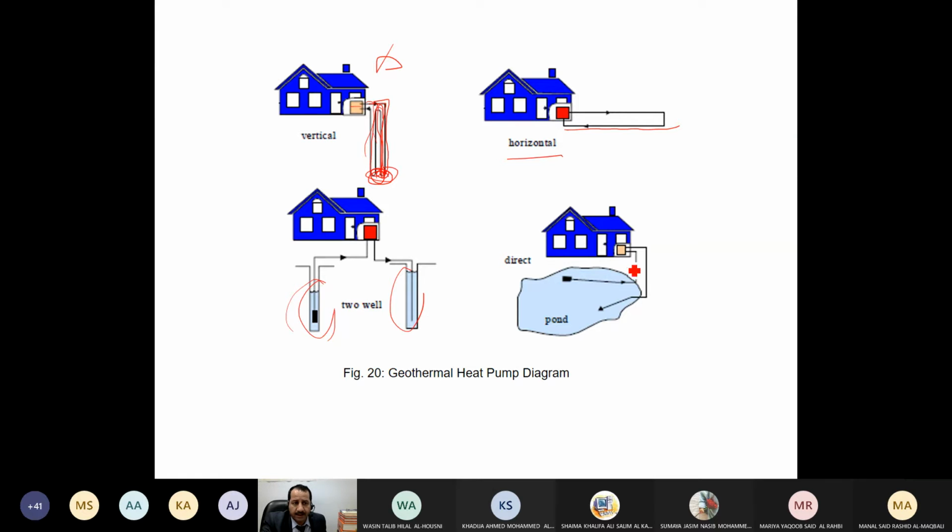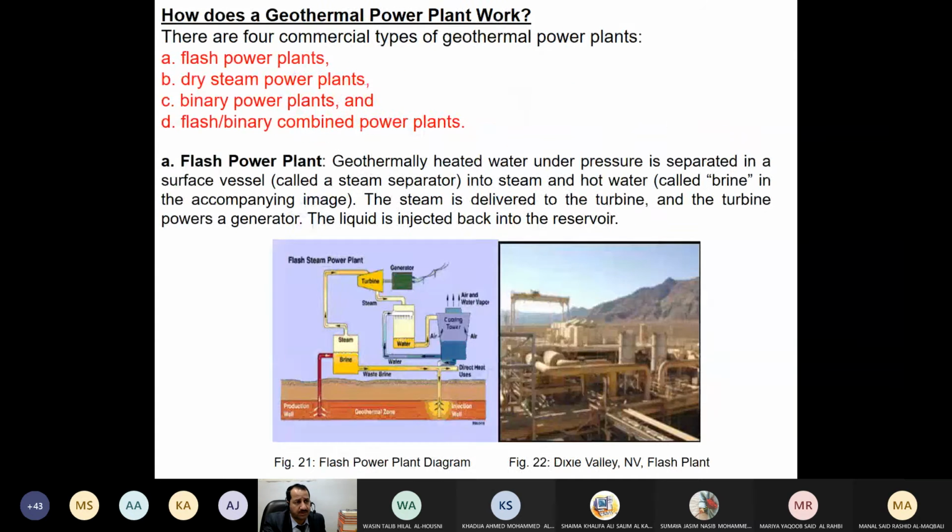And also, sometimes there is a pond. As an example here, we let this part close to the surface so it gets warm water. And here we reject the part down deep in the pond for the cold water. So we use the heat available under the ground, under the surface crust, to heat or cool our houses.